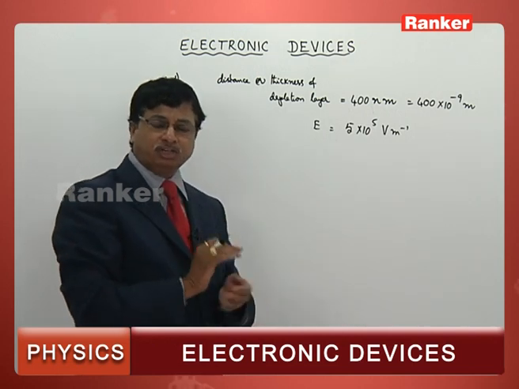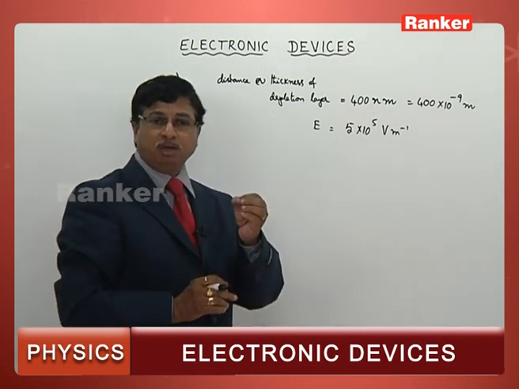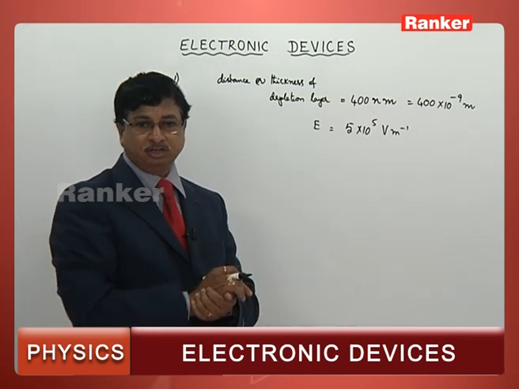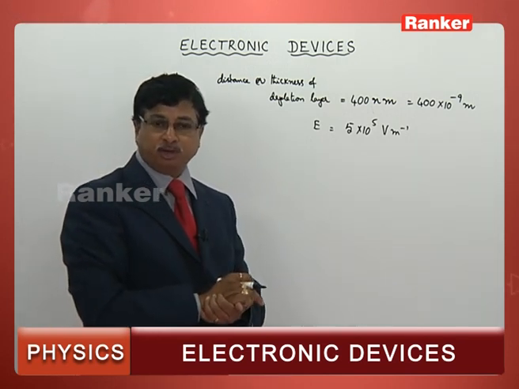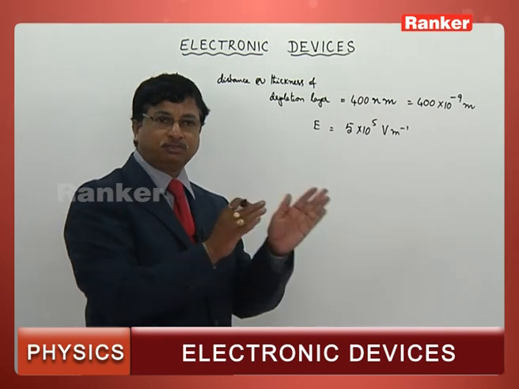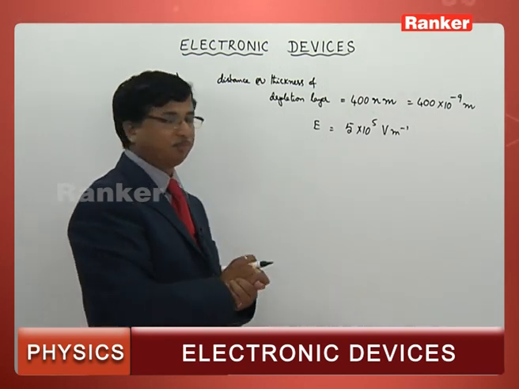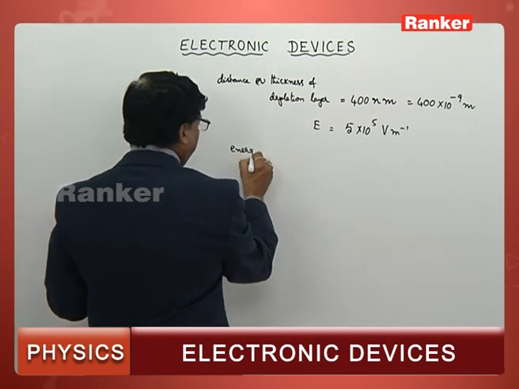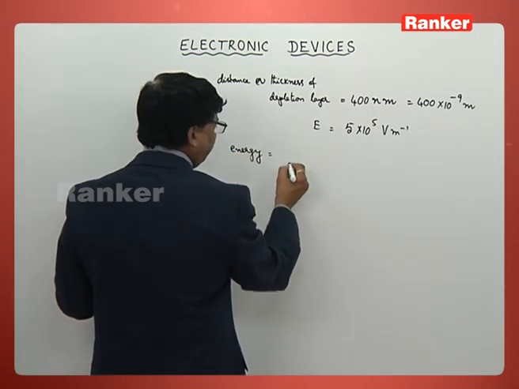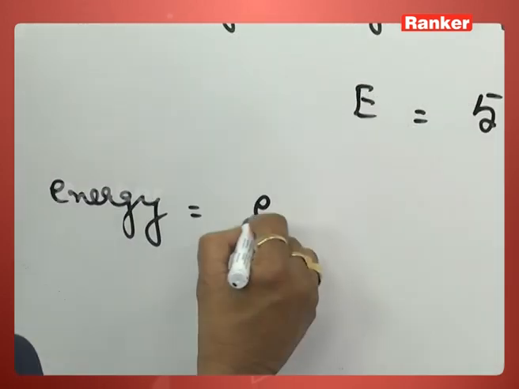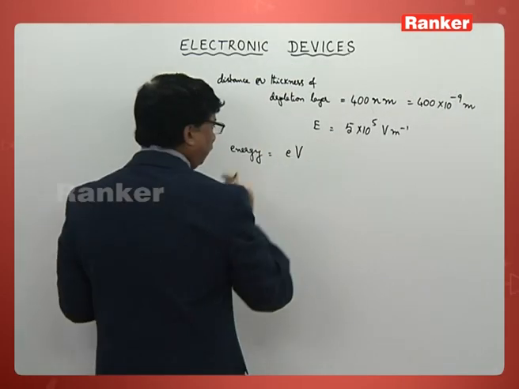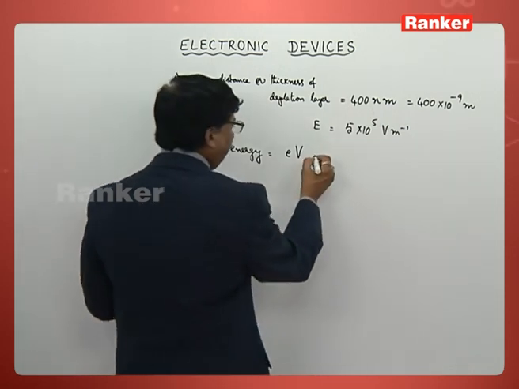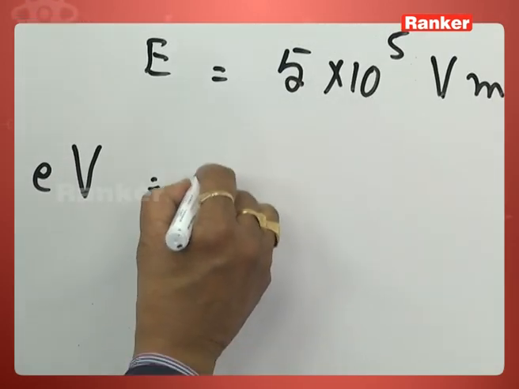Now, his question is, what will be the minimum energy of a conduction electron which can diffuse from N side to P side? That is the concept. So, you all can understand well, energy is equal to electron charge into potential difference. You can write that as joule.